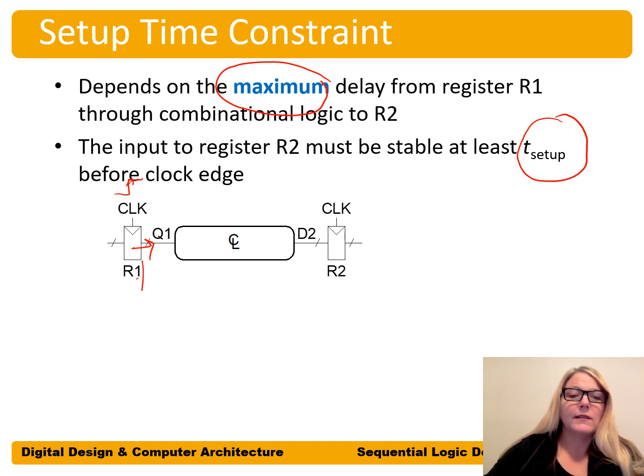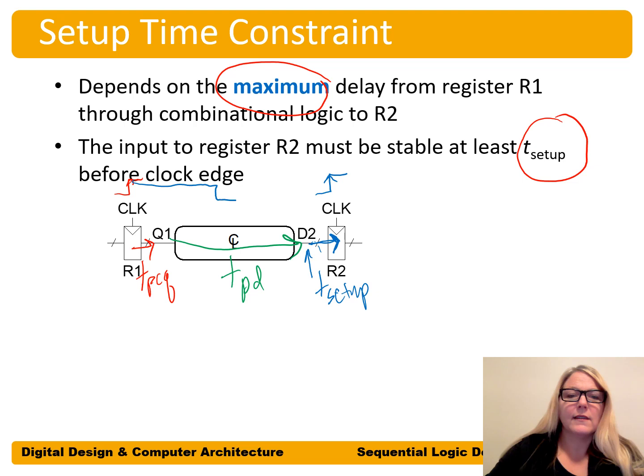The longest time that could take is TPCQ. And then Q1 changing drives a change in D2. The longest time that will take is TPD, propagation delay. And then that signal has to be at D2 at least a setup time before the clock edge so that D2 can get into the internal node of that flip-flop by the time we get the next clock edge.